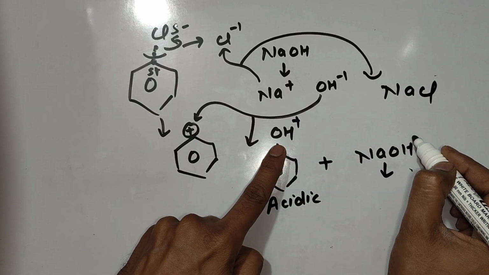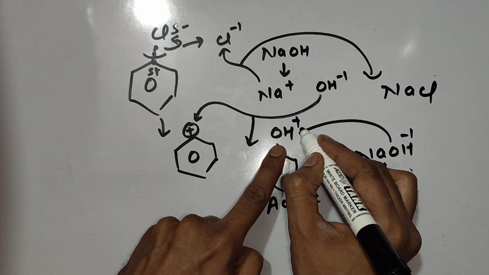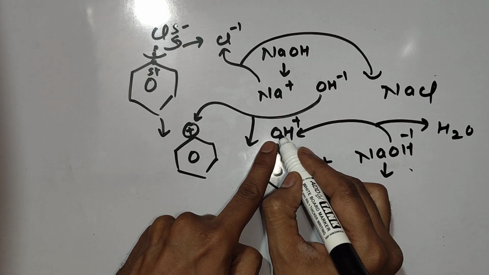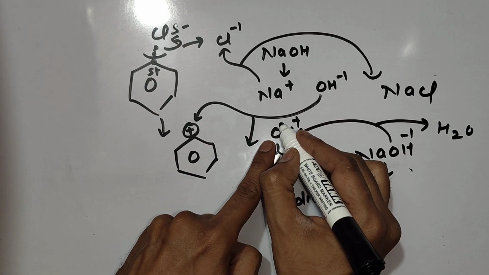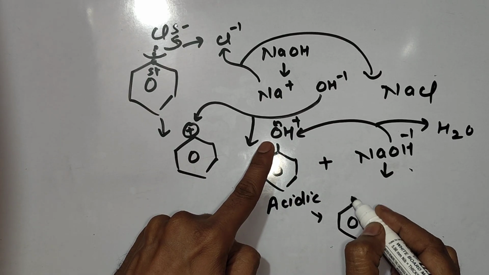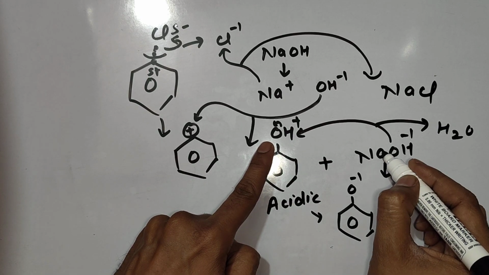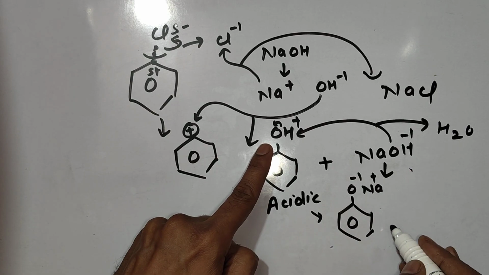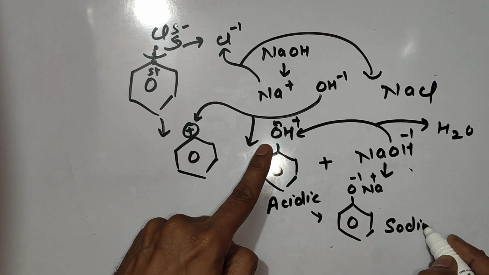So H positive and OH negative will again combine to create H2O, and obviously the bond between H and O will break, so electrons will completely transfer toward oxygen, due to which O becomes -1, and Na positive will come and combine with O negative. So finally we will have sodium phenoxide.